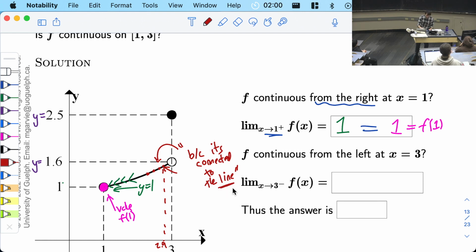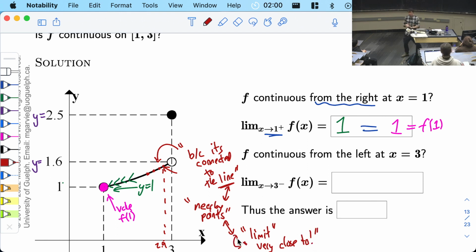So the line is actually the nearby points, and the nearby points, exactly as was said over there, that is the idea of a limit. Limits are the idea of getting very, very close to, right? And so nearby points goes with the idea of a limit as very close to. Yes, great, absolutely great discussion. Does anybody want to say why they picked 2.5?